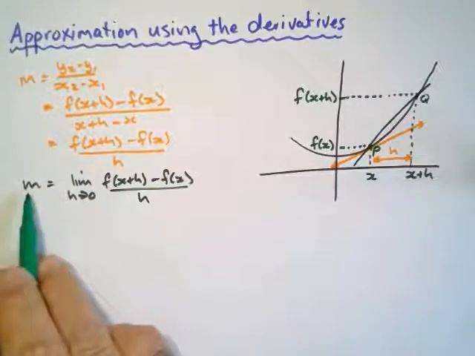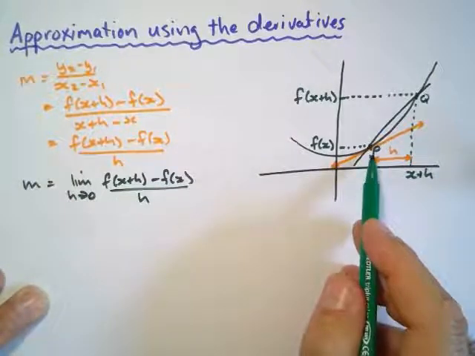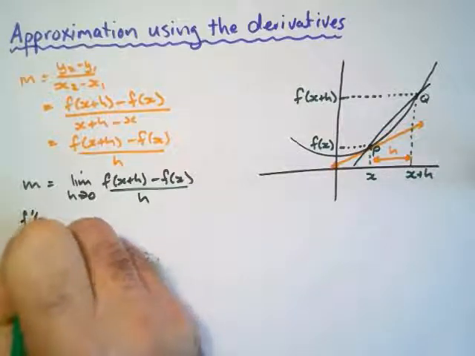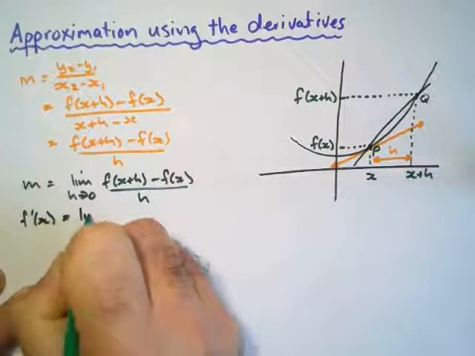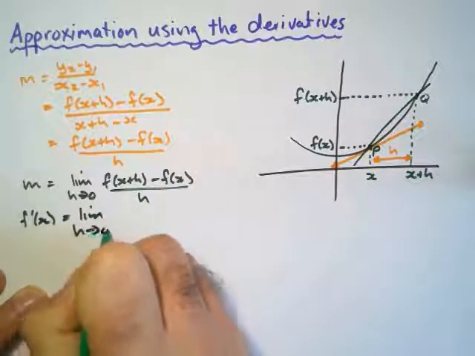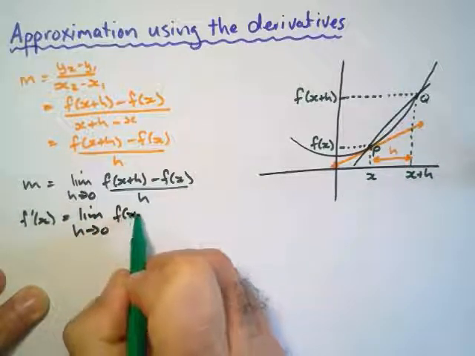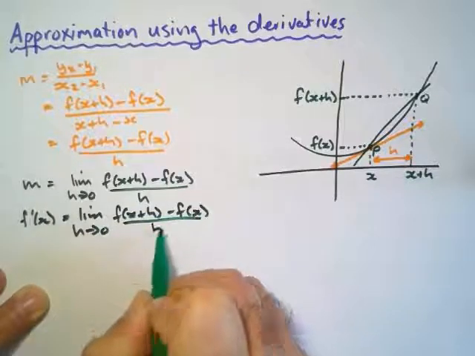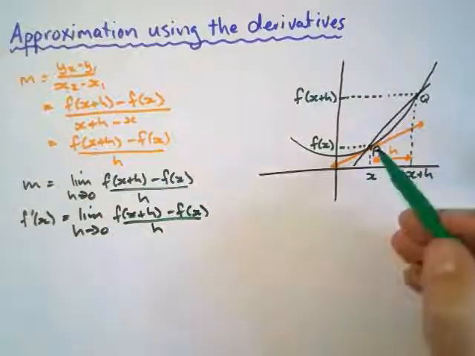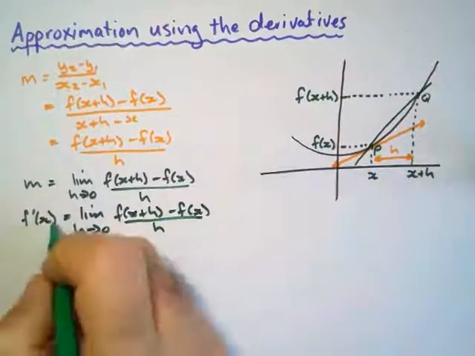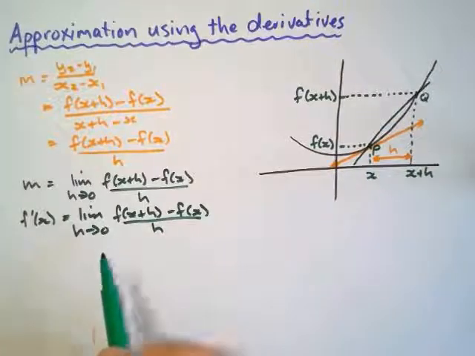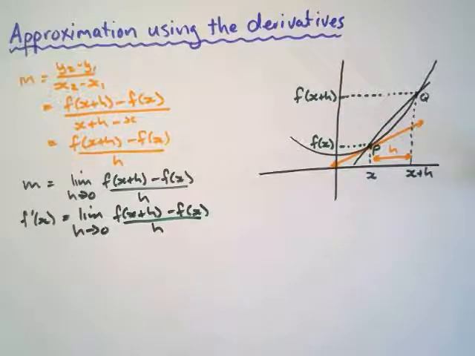And we said that that m, this gradient at a specific point, is called my derivative. So the derivative of f(x) equals the limit where h strives to 0 of f(x plus h) minus f(x) divided by h. So that will still give us the point there. And this is an equal sign. It is exactly equal to, and we proved it that way.